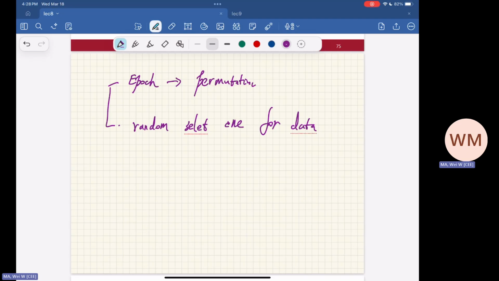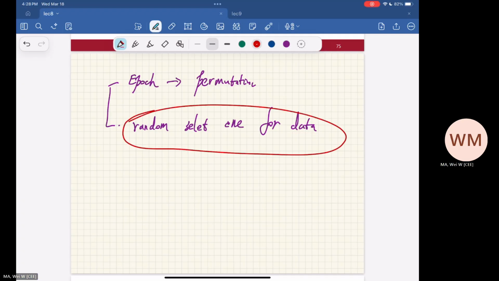You can also do the training this way. These two give you different performance. Why? The second one is too random, because you may never select some data for a long period, since this is completely random, which is actually not good.